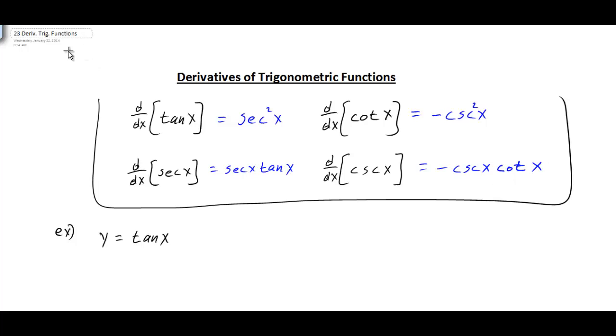Now, I do want to start off looking at an example here, y equals the tangent of x. And you could do this similarly for the secant, cotangent, and cosecant, but I'm just going to look at this with the tangent function. Now, we know based on the definition up here, the derivative of tangent is simply secant squared.